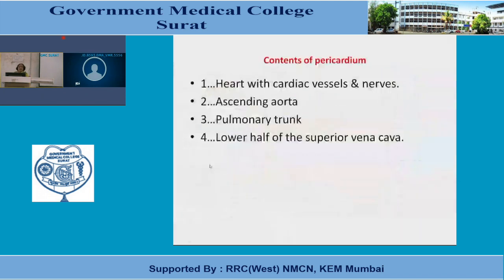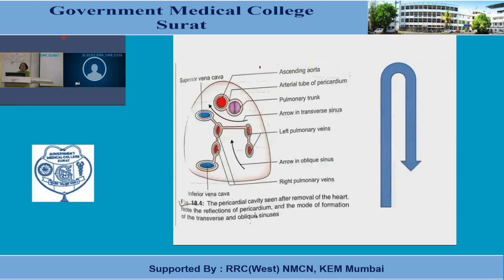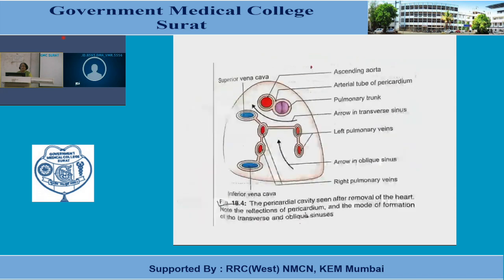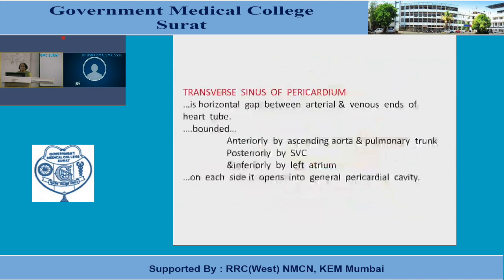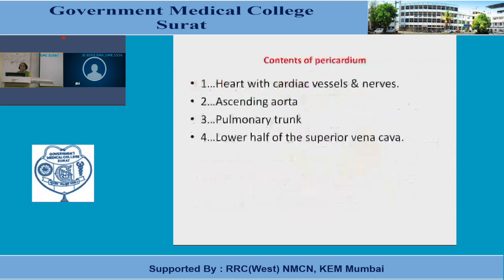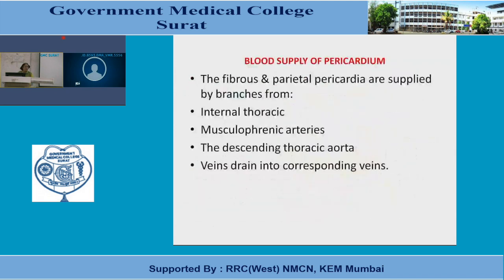Now, what are the contents of the pericardium? Heart with cardiac vessels and nerves, ascending aorta, pulmonary trunk, and lower half of the superior vena cava. Okay, so these are the contents we can see in the given diagram. Now, blood supply of the pericardium.